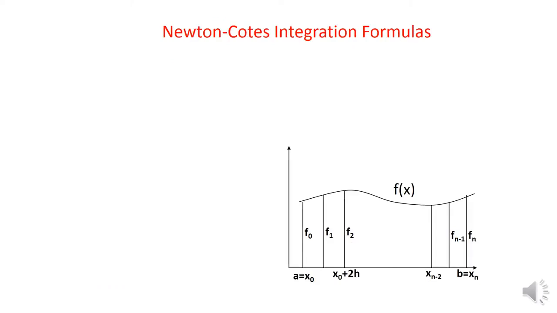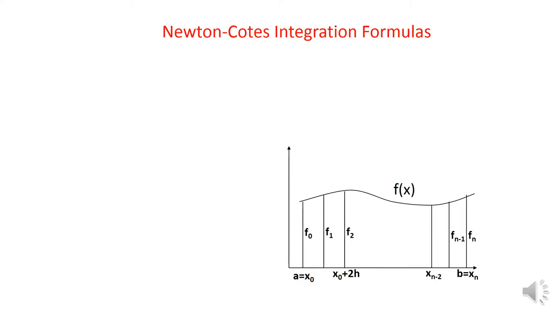So here we see the Newton-Cotes integration formula. We can see a curve here on the xy axis, and this curve is denoted by f(x). We take a point a equal to x0 and the function value at x0 is f0, function value at x1 is f1, function value at x2 is f2, where x2 is equal to x0 plus 2h, and last we have taken the nth point b equal to xn and the function value is fn at this.